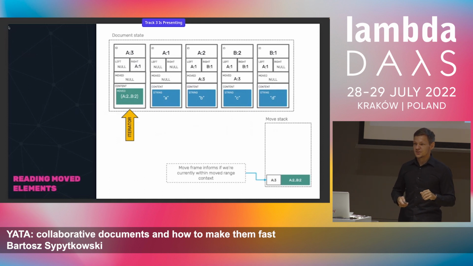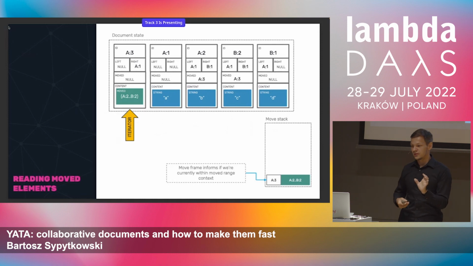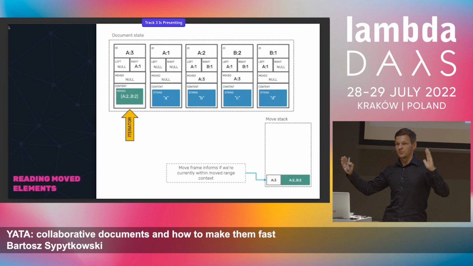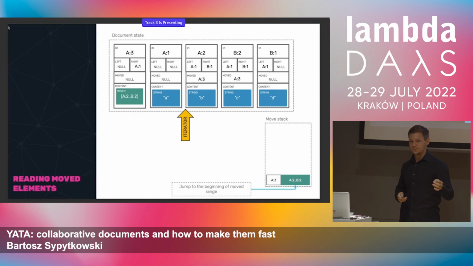So we are introducing something called a move stack, and this is very similar to how function call stacks work in programming languages, in virtual machines, basically. We are building something called a move frame, just like an activation frame when we are doing method calls. We are saying this move frame points to the block A3. This is our origin. And it covers the range of blocks from A2 to B2, just like this move element. So now we are jumping to the first block from that range, which is A2.